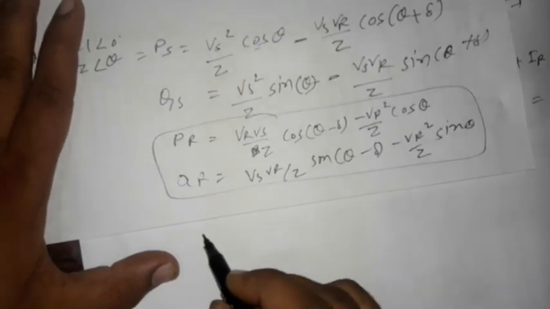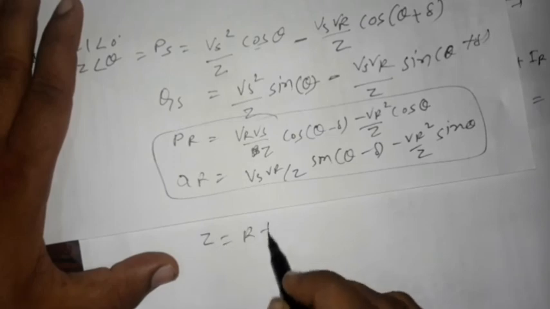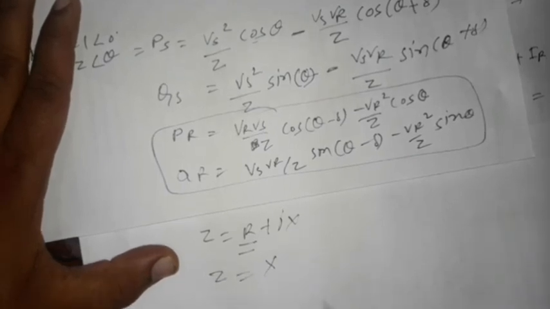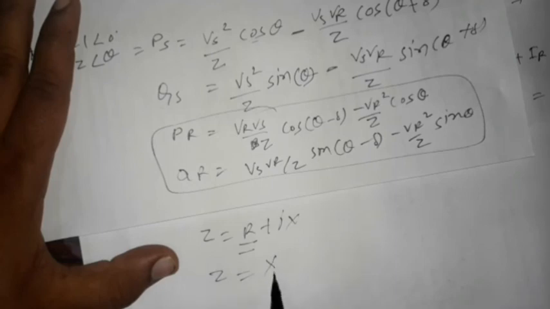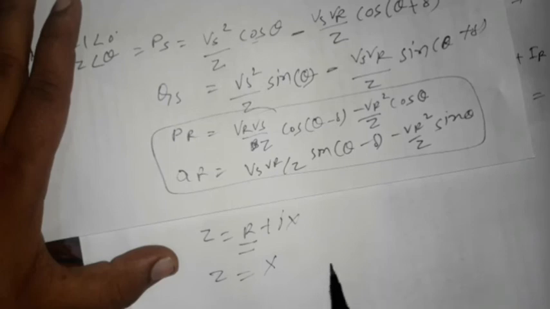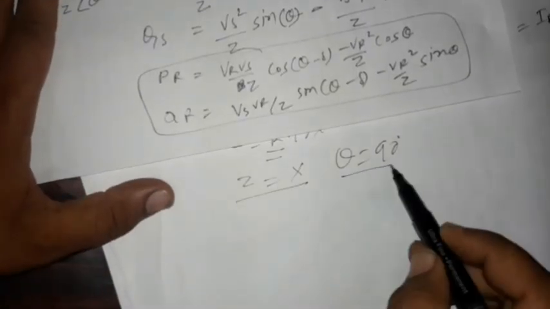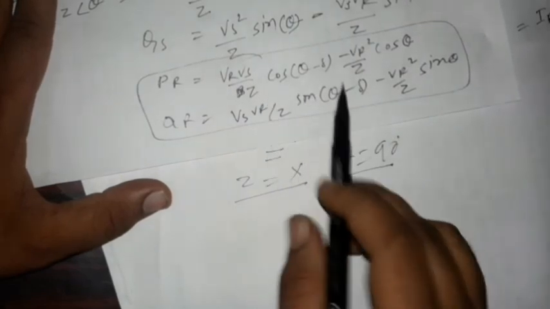So here Z is equal to R plus jX, and we neglect the value of resistance, so Z is equal to X. If we take the value of reactance, our angle becomes 90. So we put Z is equal to X and theta is equal to 90 in the above equation.